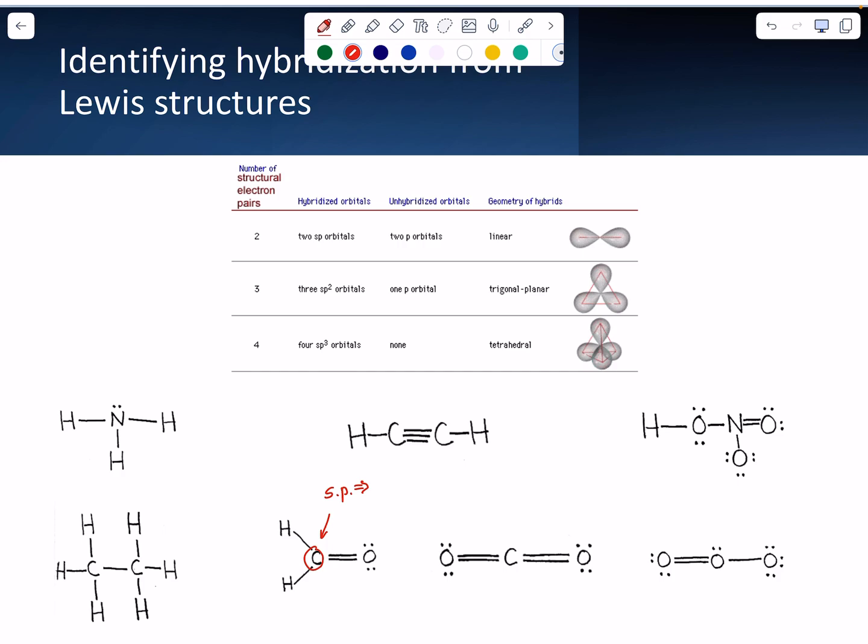When we have double bonds and we're talking about structure, we're just talking about regions of electron density. So whether it's single or double, it's just one thing. That's going to be 3 things around it, so our hybridization is going to be sp2. 1, 2, 3 things. Also, you just consider the sigma bonds, which are these things right here, 1, 2, 3.